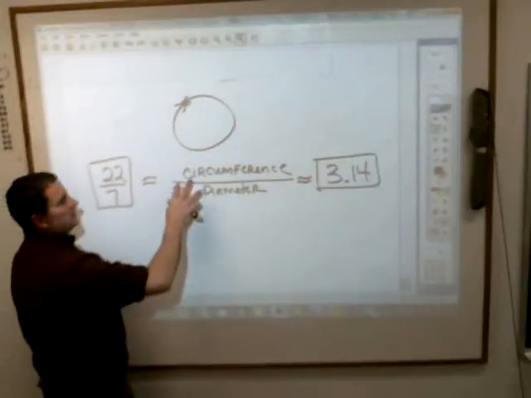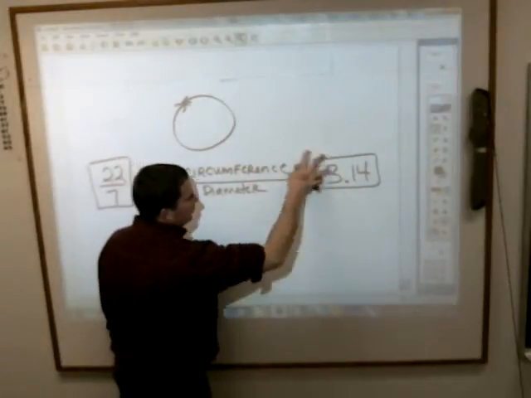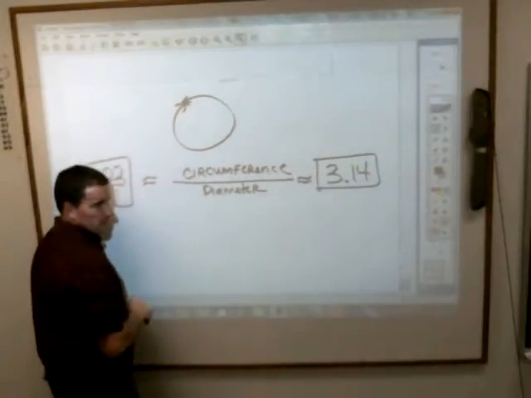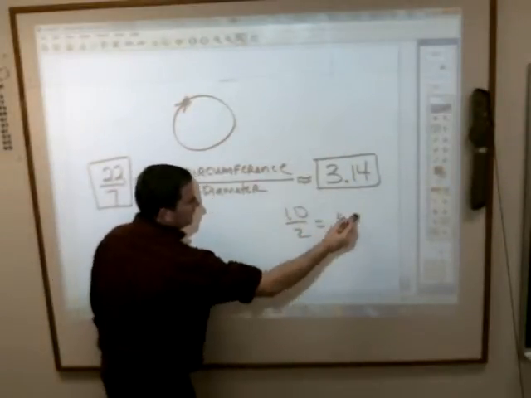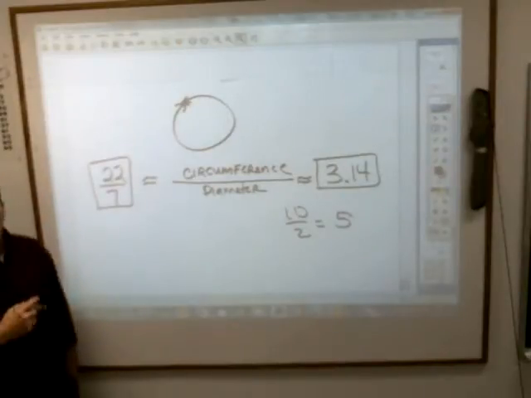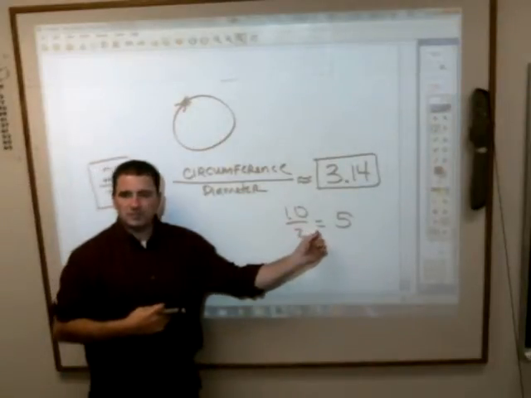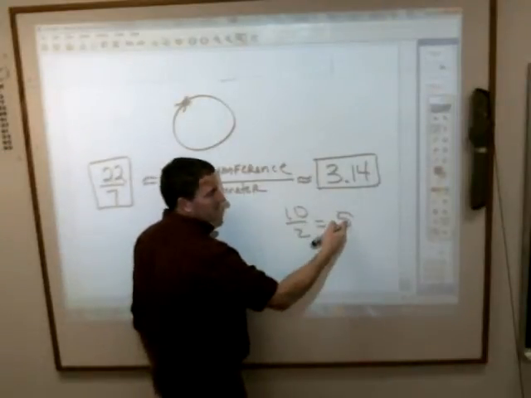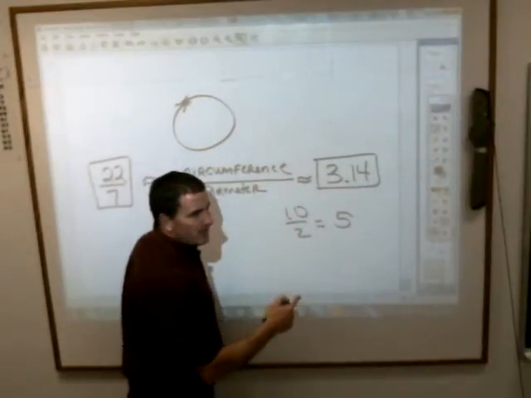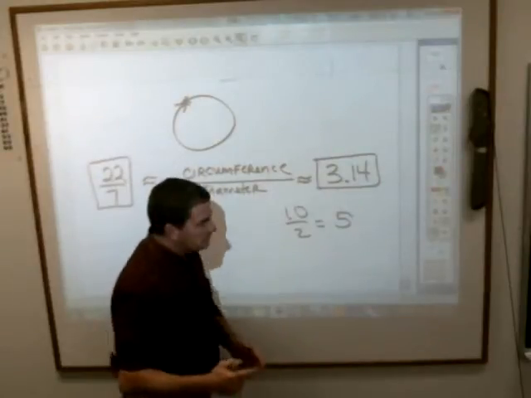Okay? And because of this whole little thing here, if you rearrange this, if I had 10 divided by 2 equals 5, correct? What other equations can I make with this? Well, I could also say 10 divided by 5 equals 2, but I could also say that, Holly, 5 times 2 equals 10.